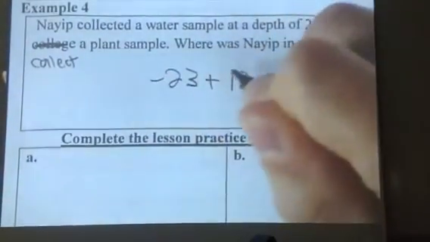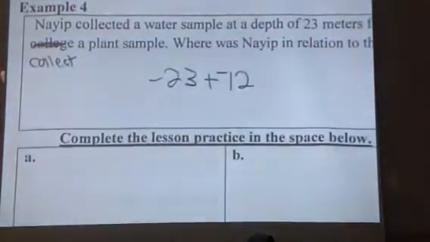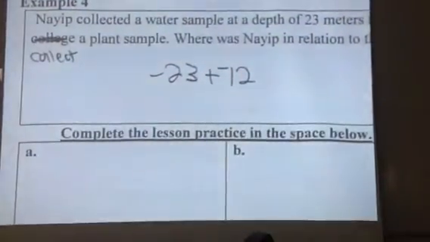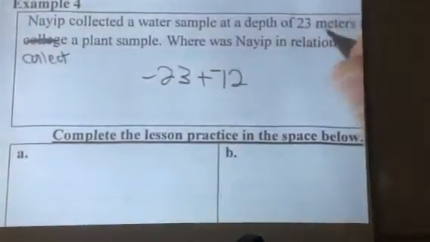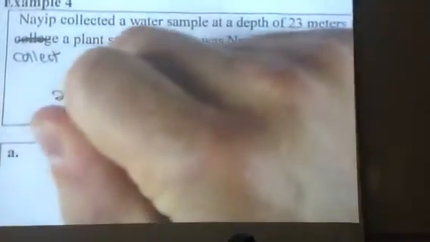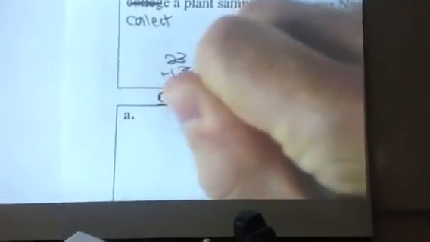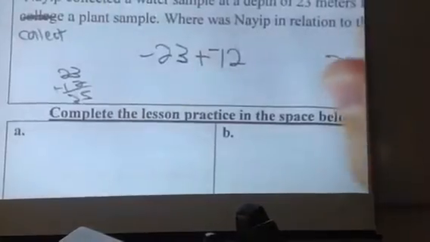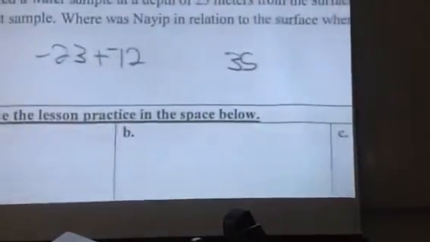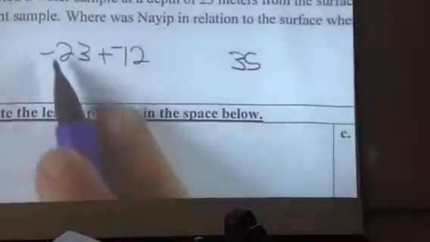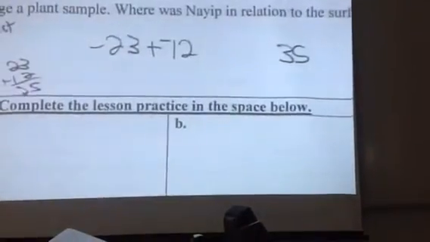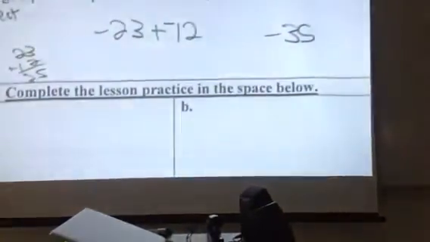I change it to addition. I change the sign of the second term. Now I go same signs, add and keep. Those signs are the same, so I add. That should give me 35, right? Let's check it. 5, 3. Yes. 35. All right, same signs, add and keep. Both of these are negative, so I know my answer is going to be negative. So that should be a -35.